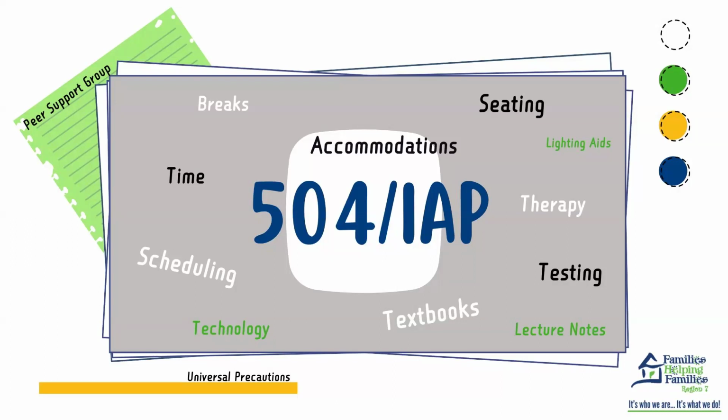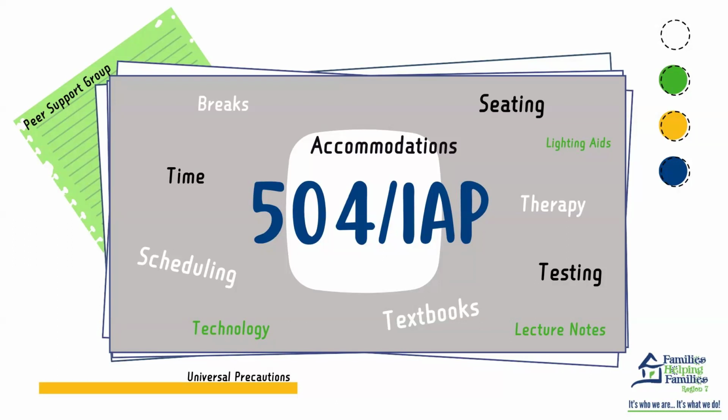Now, if the student is eligible under Section 504, they are to be determined the need of accommodations. If the student is eligible for Section 504 services, an IAP, not to be confused with an IEP, will be created, and they will document the SBLC meeting on the SBLC meeting summary form.